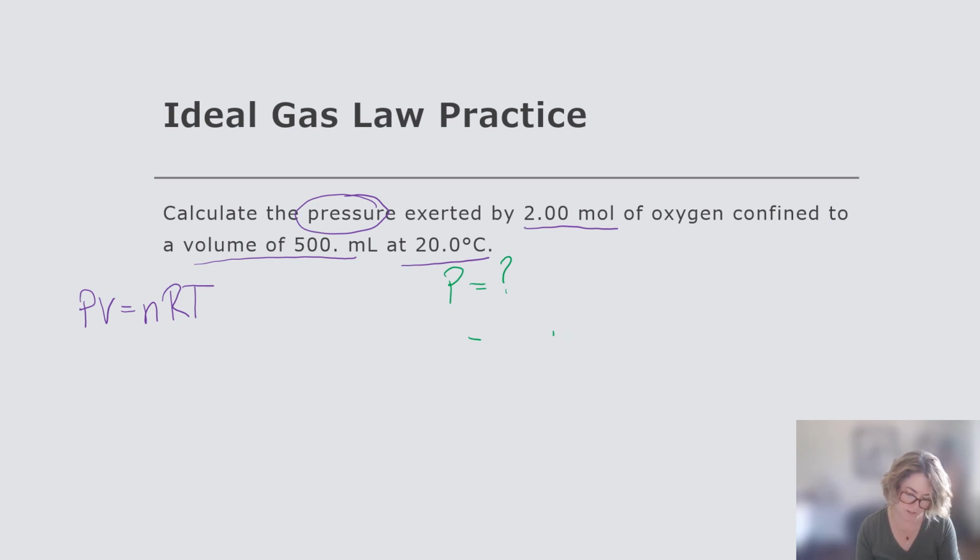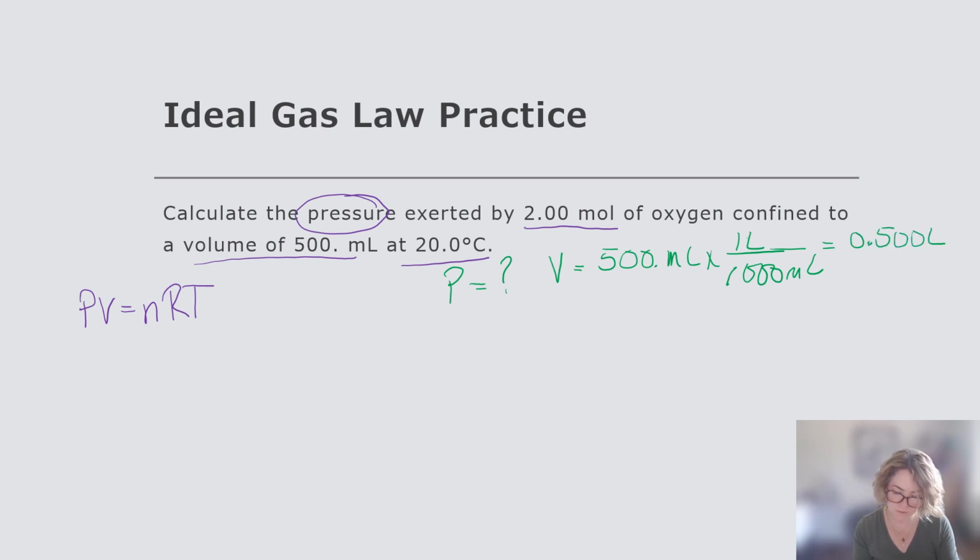To give myself space, I'm going to write that over here. So volume is in terms of milliliters. I want to convert that to liters. And so that's going to be 0.500 liters. n is 2 moles.